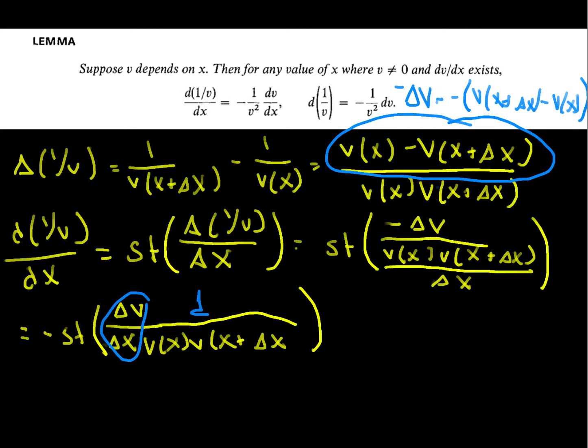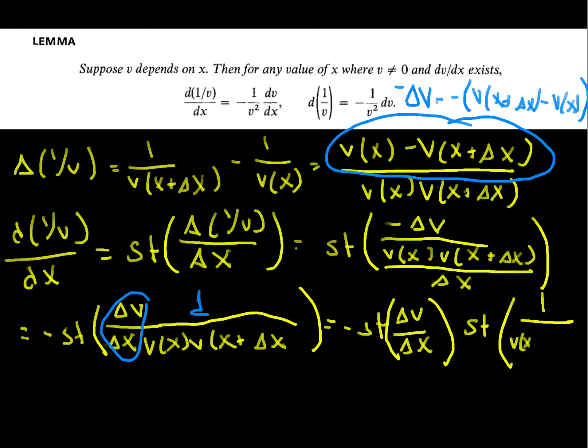So breaking that up and using my standard part to distribute across multiplication, this is simply negative standard part of the change in v over change in x times the standard part of 1 over v of x times v of x plus delta x. Sorry for squishing that in there.